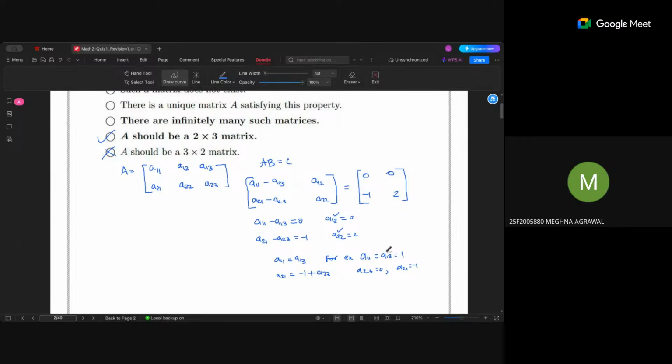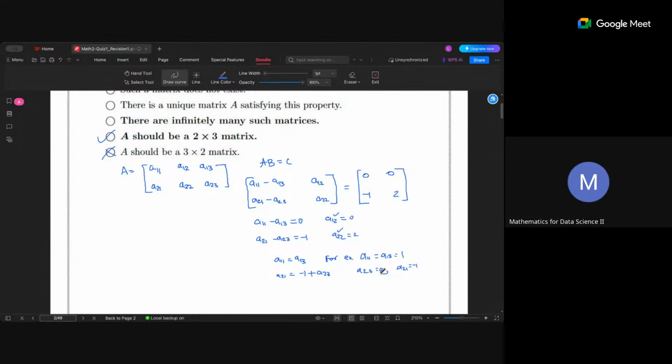Infinite, right? Because you see, instead of 1, I can put 2, 3, 4, 5 or any real number. Same way you can have any choice for A23. So how many solutions are we having for this?